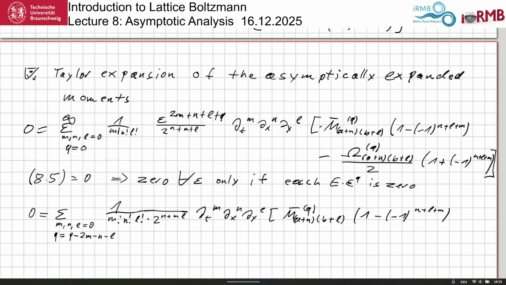And then we have the omega part, minus omega a plus n and b plus L, also to the order q divided by 2, 1 plus (-1)^(n+L+m). All the brackets closed.